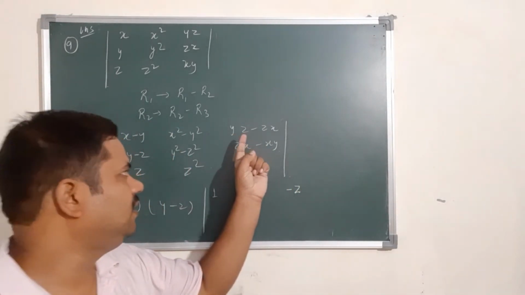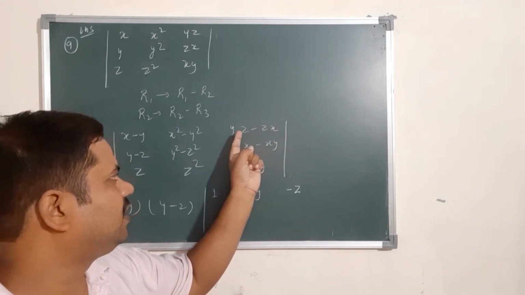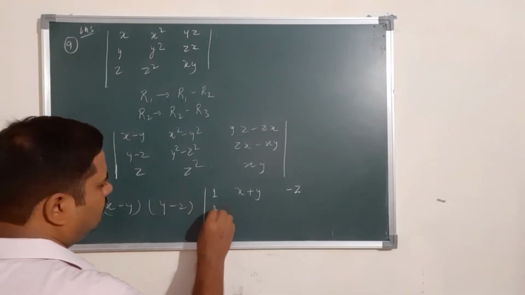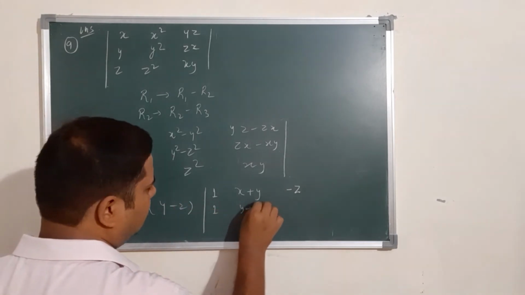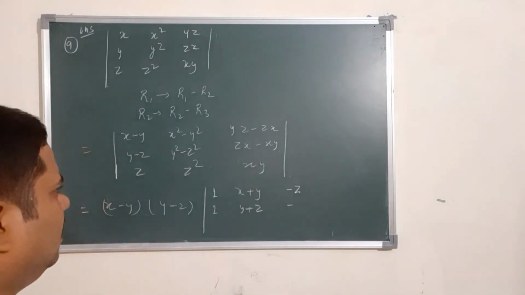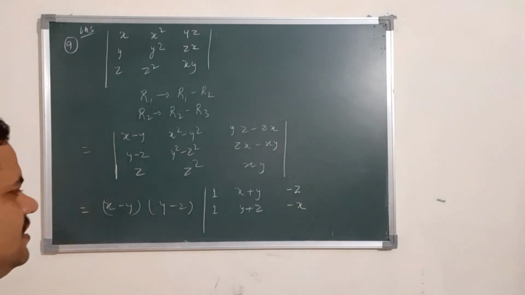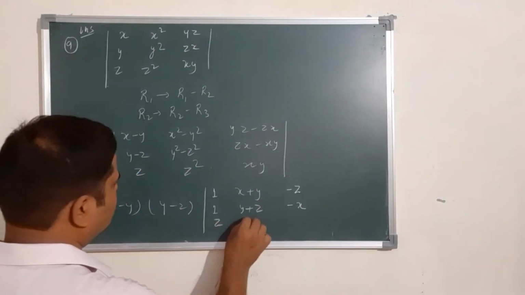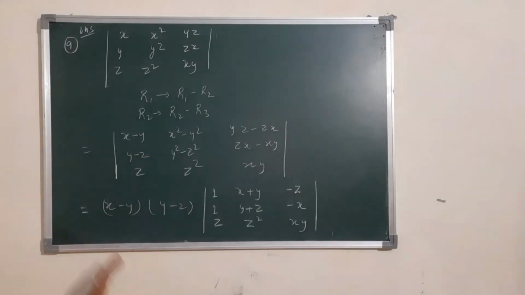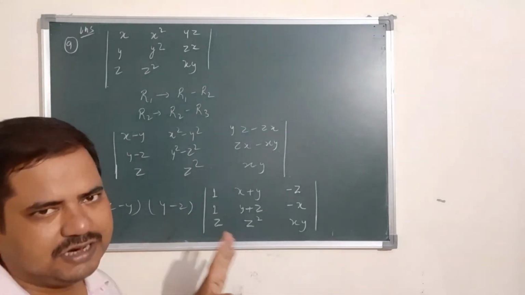Because if you take minus z common in these two terms, it also becomes minus z into x minus y. Similarly here 1, y plus z, and minus x, if we take common, this is y minus z. So minus x is there, and this is z, z square and xy. So this is the whole, x minus y and y minus z is there.